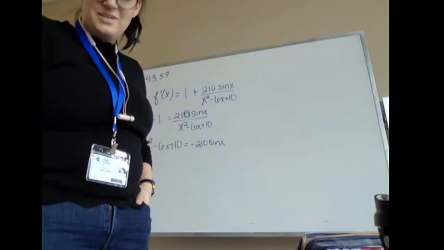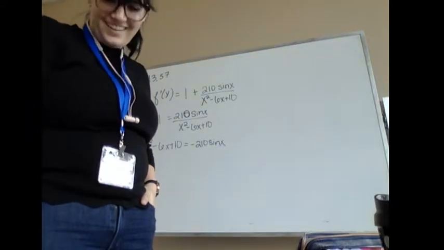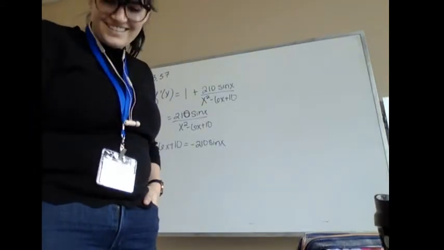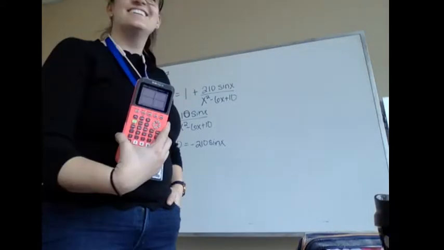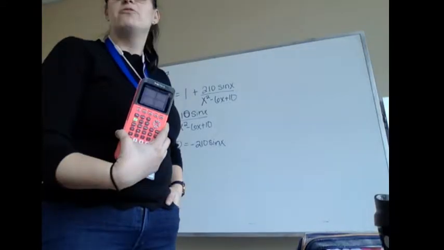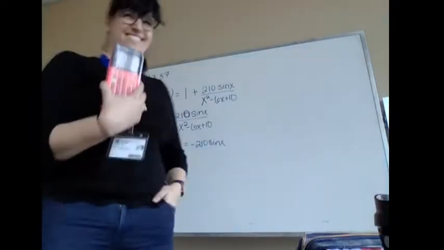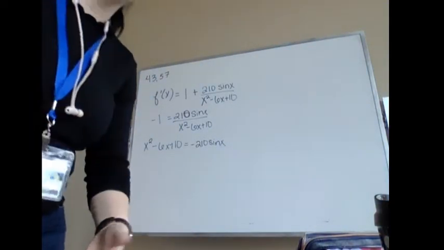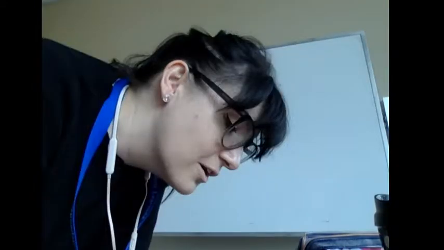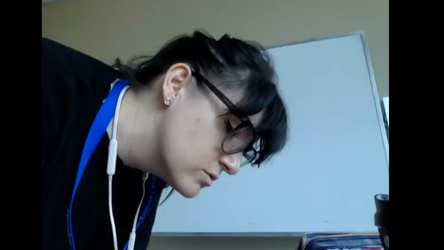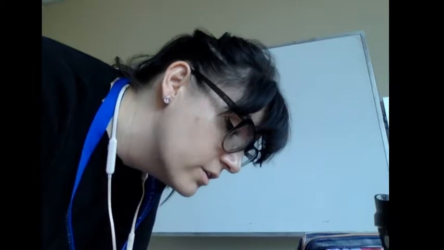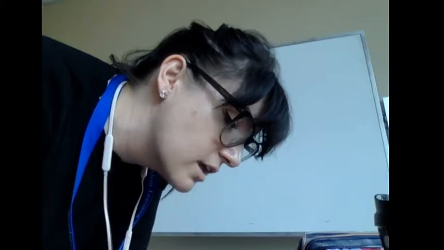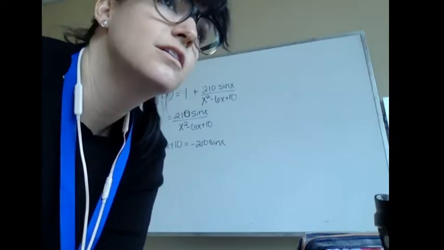It looks like a heartbeat. Doesn't it? Yeah. No, it does. Alright, so we're just going to count how many places it crosses the x-axis, because that's where it equals 0. So 1, 2, 3, 4, 5, 6, 7, 8, 9, 10. Okay, that's it.